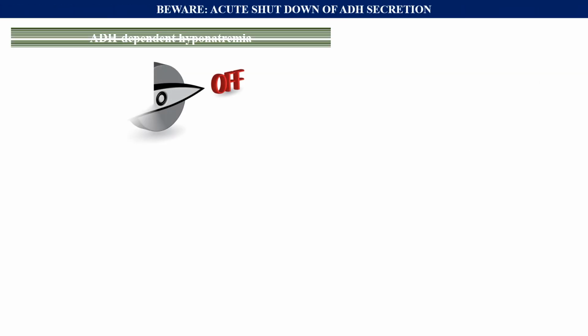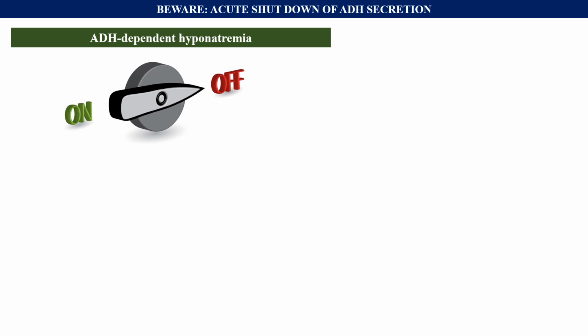Beware that ADH secretion may be acutely shut off in patients with any form of ADH-dependent hyponatremia, whose underlying reason for ADH release has been treated. For example, if a hypovolemic patient is given a large volume of normal saline rapidly as a bolus infusion, the rapid volume expansion can acutely shut off ADH release.